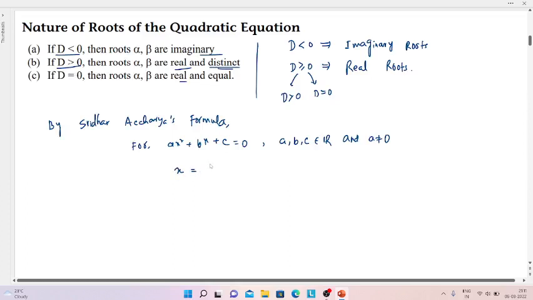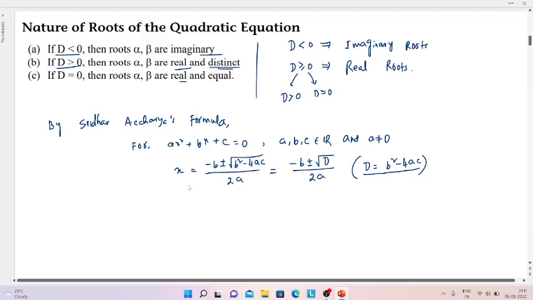The value of x will become minus b plus minus root under of b square minus 4ac by 2a, right? So we can write down this expression in the form minus b plus minus root under d by 2a, where d is equals to b square minus 4ac. Am I right? Because I have already discussed the discriminant, which is d, right? And the discriminant value is b square minus 4ac.